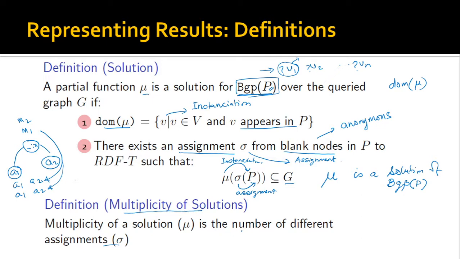That depends on the number of different assignments you can do, and then you get a graph which is a subgraph of the original data, the graph which we are trying to query, right? So as many different assignments as you can have, that many repetitions of the same solution we will have, and that is called the multiplicity of the solution, right?